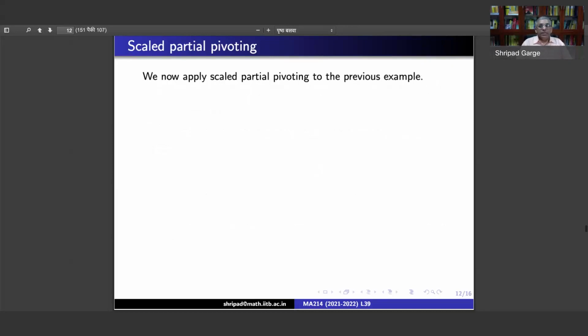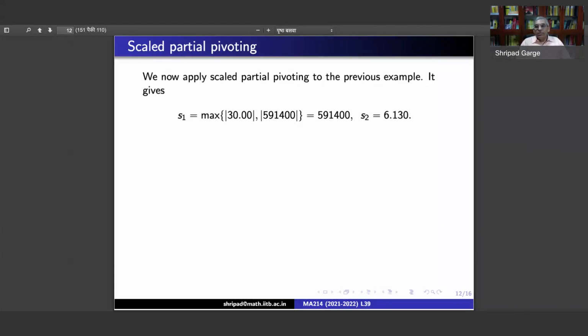So let's see the example that we had seen, which gave us a horribly wrong answer, and whether our scaling helps in that. So what we would have is that S1, the scale for the first row, is 591400. S2 is 6.130. That S2 doesn't change. And therefore mod a11 upon S1 is 30 upon 591400, which is 0.50373 into 10 power minus 4.